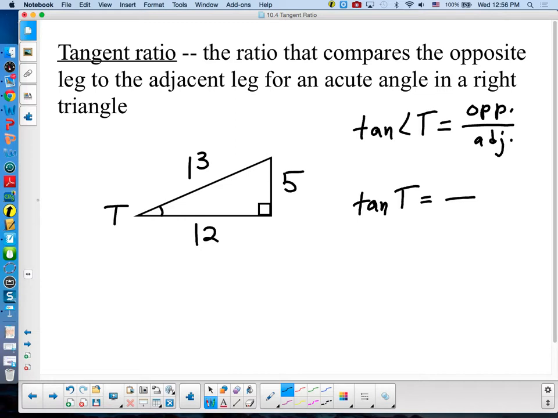And this probably would be good to put on the marker board so I can see who's got it and who doesn't. What over what?